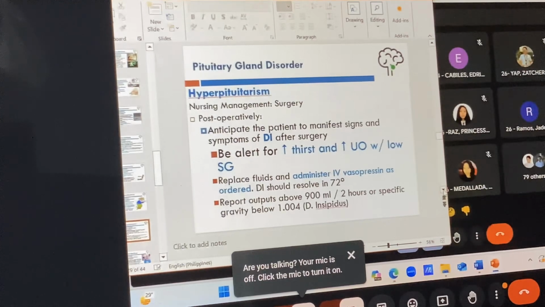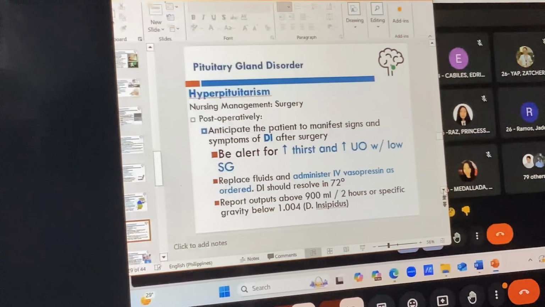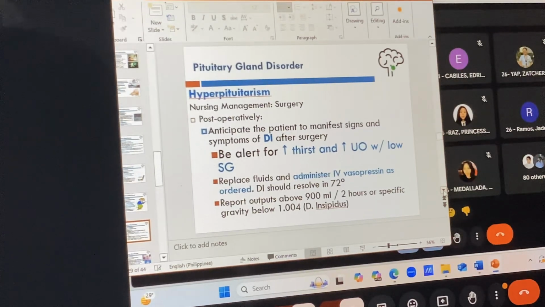So, post-operatively, we need to anticipate the patient manifesting the signs and symptoms of DI or diabetes insipidus. Kasi alam natin that your DI, okay, or your diabetes insipidus, this is your antidiuretic hormone, being produced by your pituitary gland. So ngayon, we have to be alert for the increased thirst and urine output.